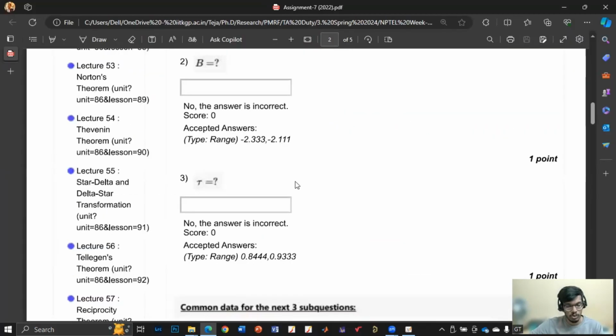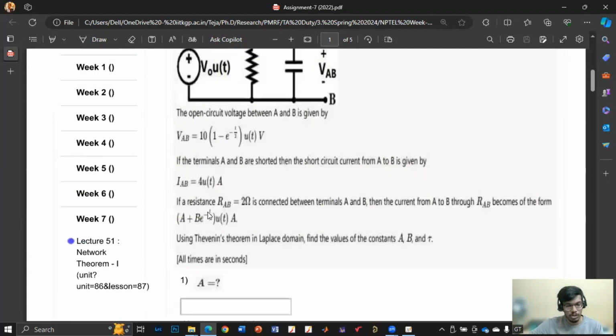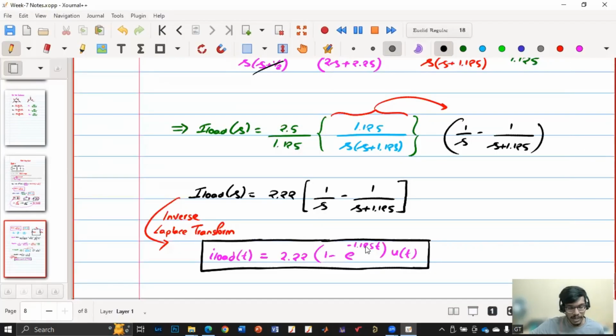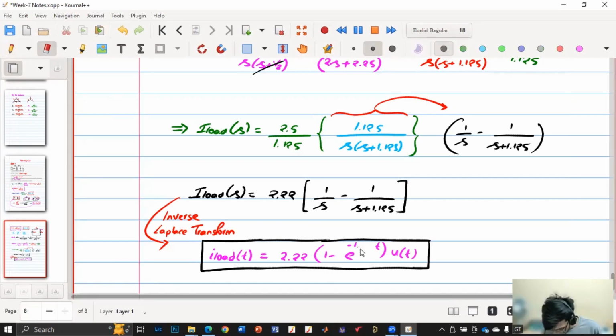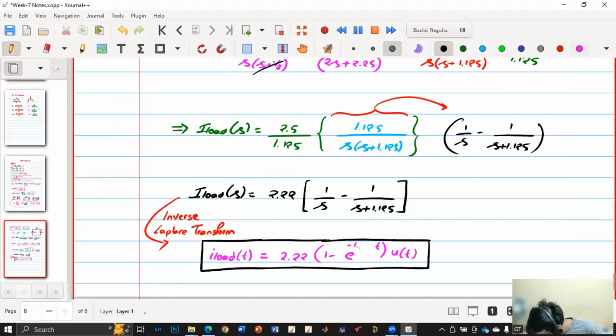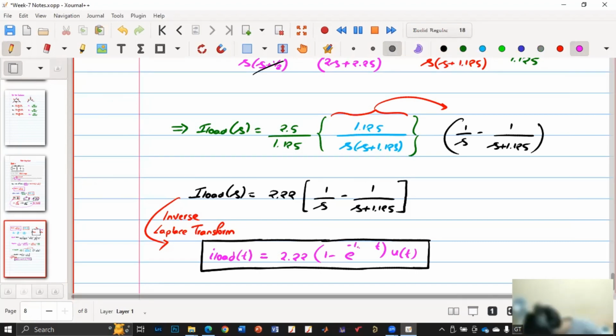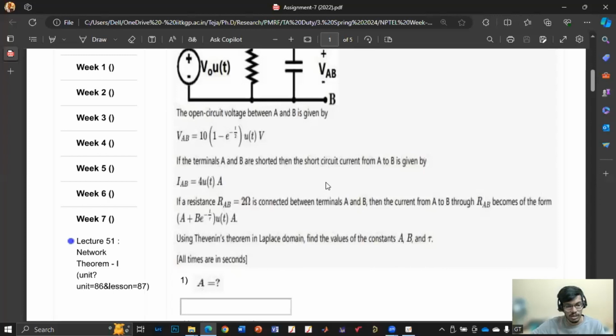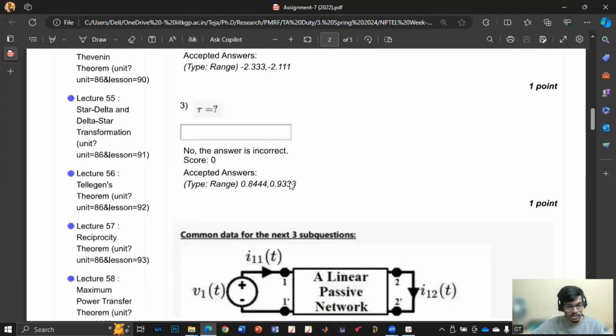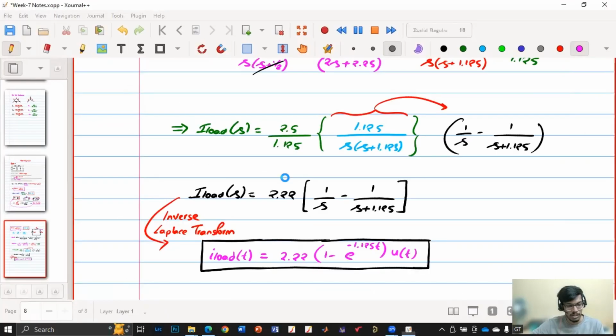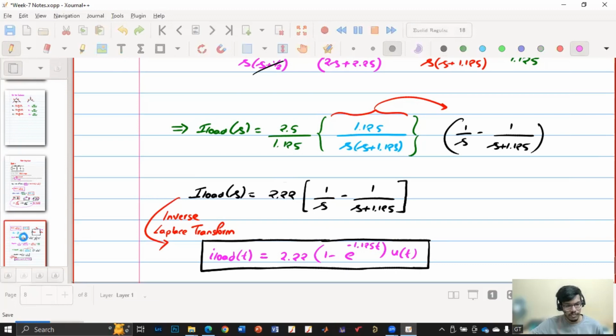So minus 2.22, it is matching. And it is e to the power minus t by tau, so what is tau? It is 1 divided by 1.125. Can you tell me what is the value? Quickly. So it is 0.88 seconds. Okay, let us check. 0.88 seconds. So it is in this given range only.